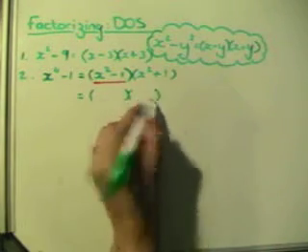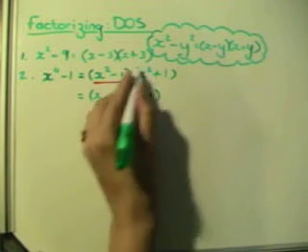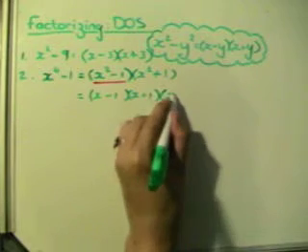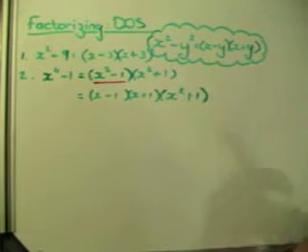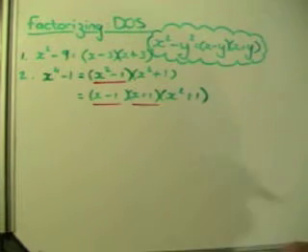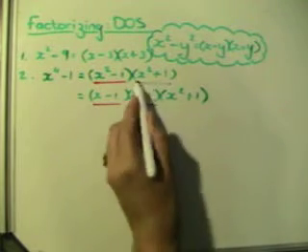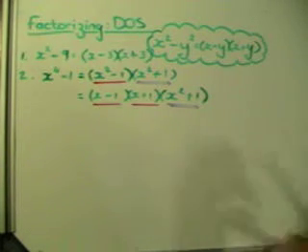This bracket factorizes into x minus 1, x plus 1, and this bracket, please don't forget it, stays the same. So this bracket here becomes x minus 1, x plus 1, and then this bracket just stays the same, and please don't forget to just write it there.